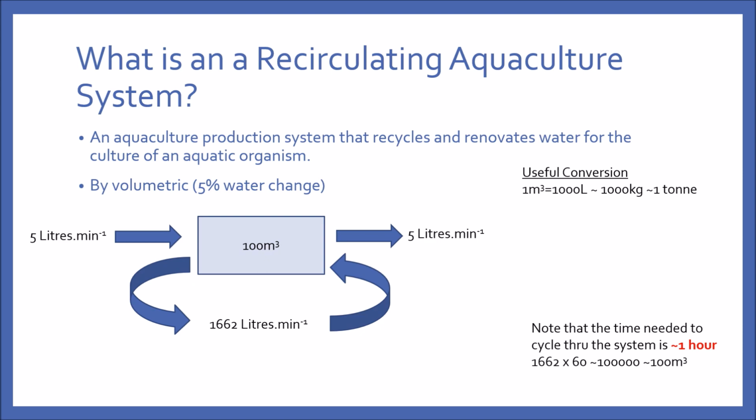In other words, you still have to carry out some form of water change, which can be up to 5 to 10%. Some useful conversions: 1 cubic meter of water is equivalent to 1000 liters, which is also about 1000 kilos. Note that the recirculation time for any RAS system is anywhere between 30 minutes to 1 hour.